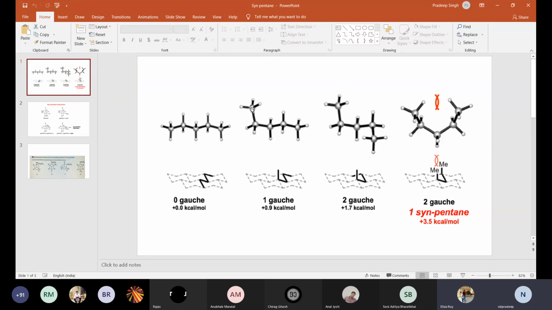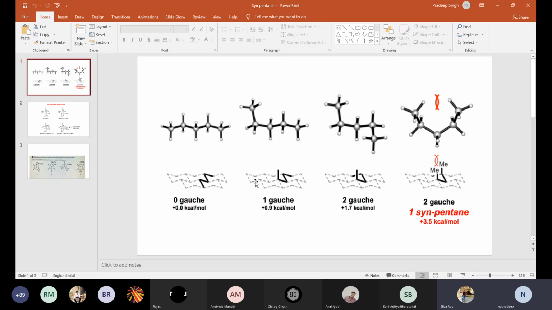So this goes to axial now, and this will have a Gauche-butane interaction. There will be only one Gauche-butane interaction here, and the remaining forms are anti only. That's why I call this the Gauche anti form.